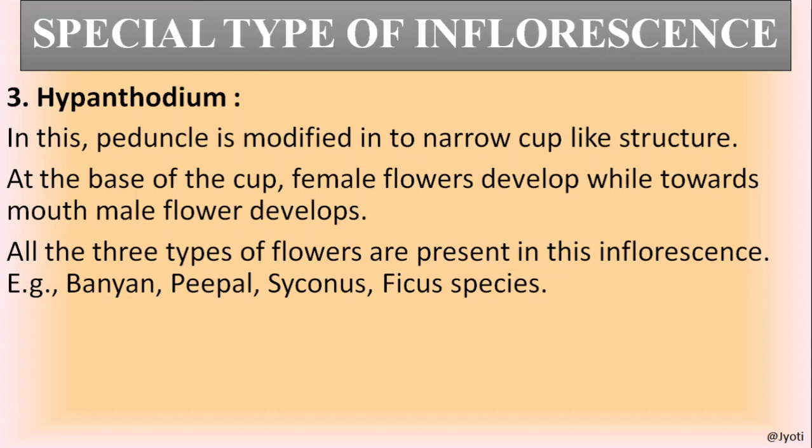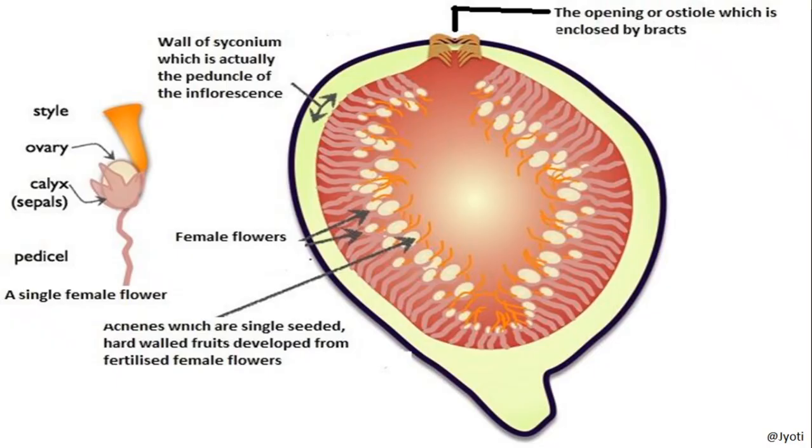So here the peduncle is modified into a narrow cup-like structure, and at the base of the cup, female flowers develop, while towards the mouth, male flowers develop. So this is seen in case of banyan, peepal, Ficus species. So here you can see that is the peduncle.